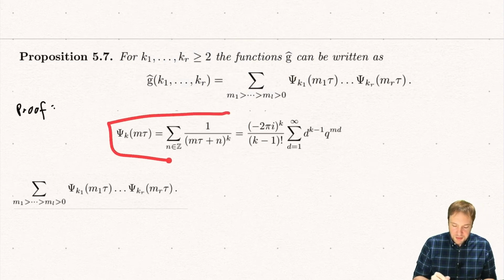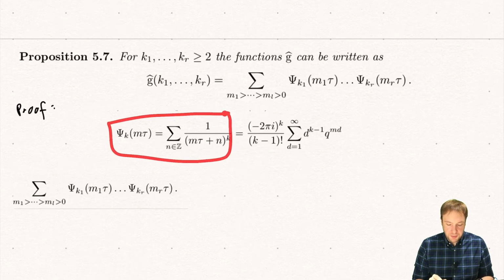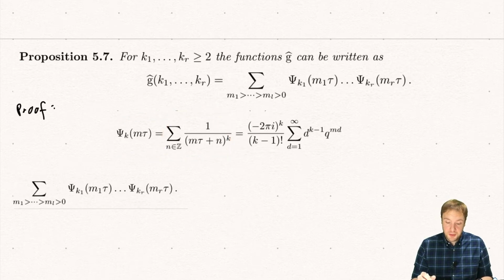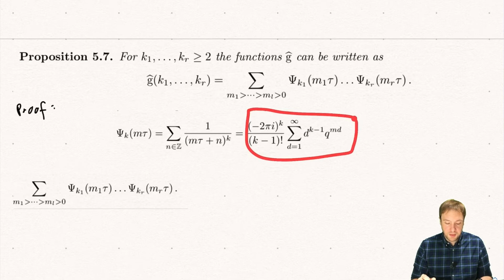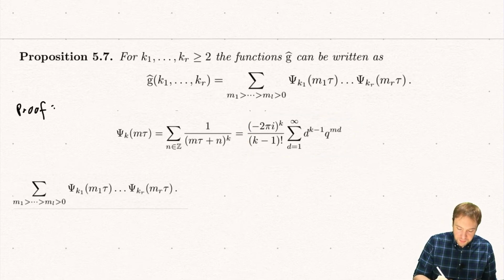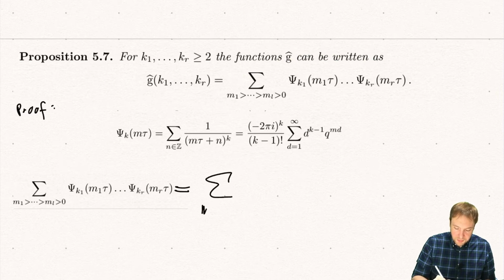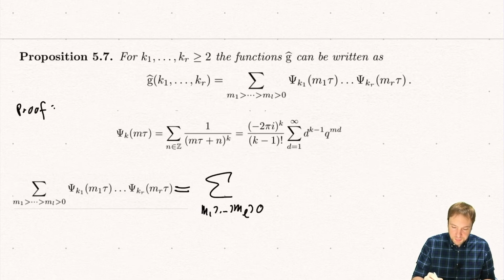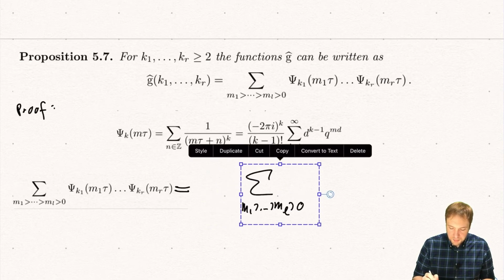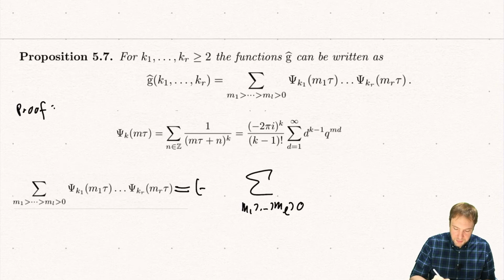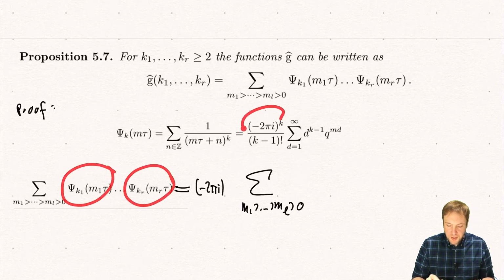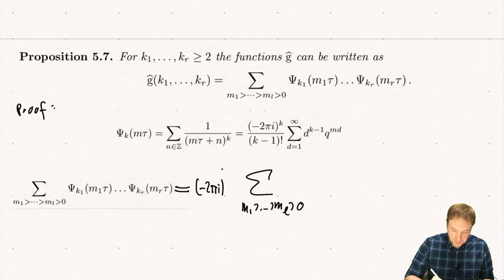So again, the monotangent psi k is exactly the left-hand side of the Lipschitz formula, and therefore we know this equals this guy here. So therefore, if I write this ordered sum here on the right-hand side out, I have this ordered sum m1 up to ml. And now first, let me put this minus 2 pi i, where for each of these terms I get a factor minus 2 pi i to the k. So here I have minus 2 pi i to the k1 up to kr.